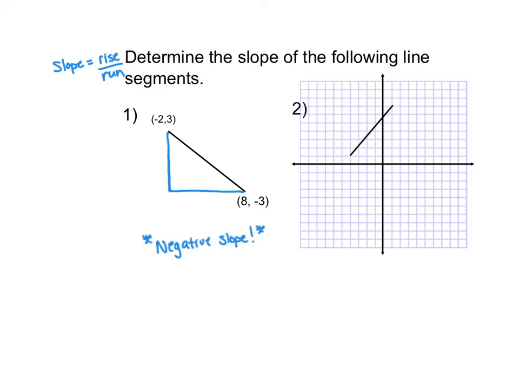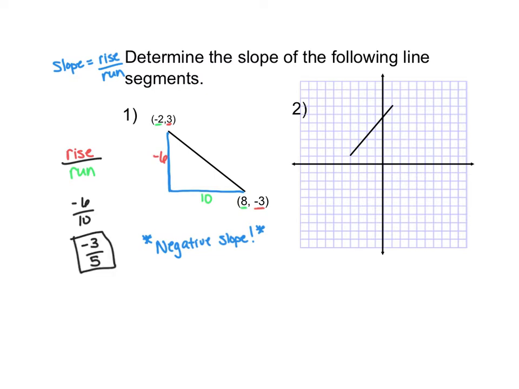And when I count from 3 down to -3, because the rise is given by my y coordinates, it's going to drop 6. And the run is going to go from -2 all the way over to 8. The run would be 10. So I'm going to turn that into a fraction and then simplify it to its lowest term. So I would do a -3/5.